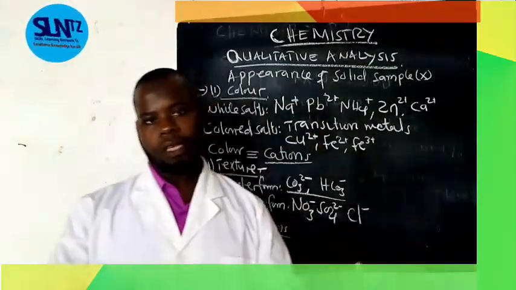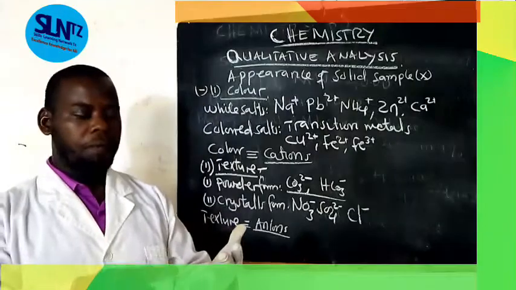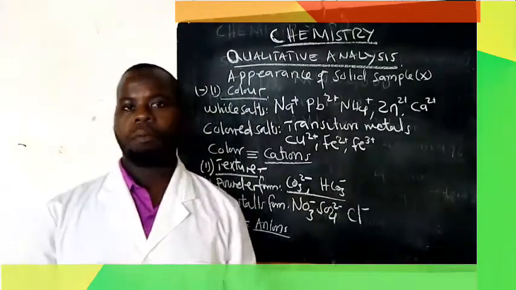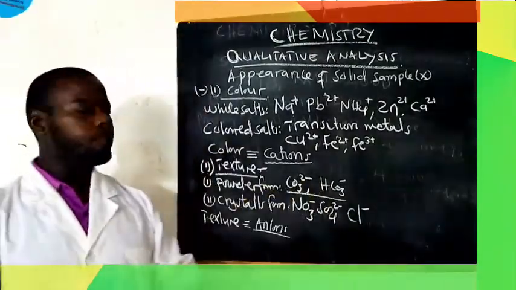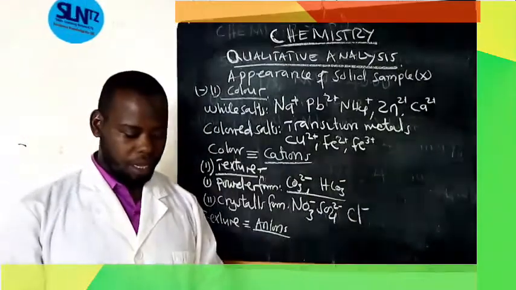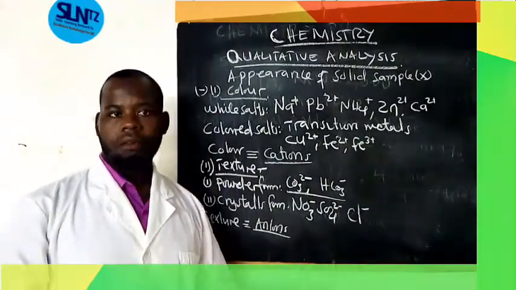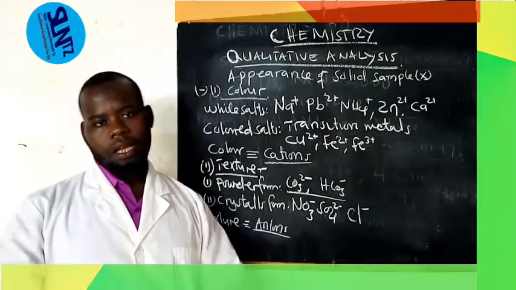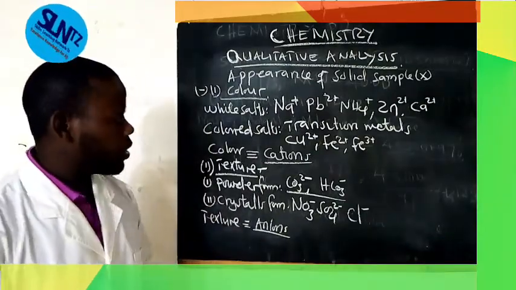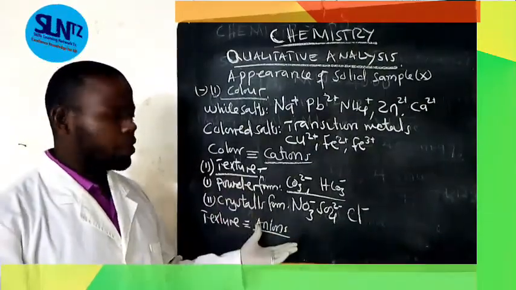But it depends. Let's say nitrate solid samples and chloride have that property to absorb water from the atmosphere. If it is there, you will include it. If not there, you will exclude it.